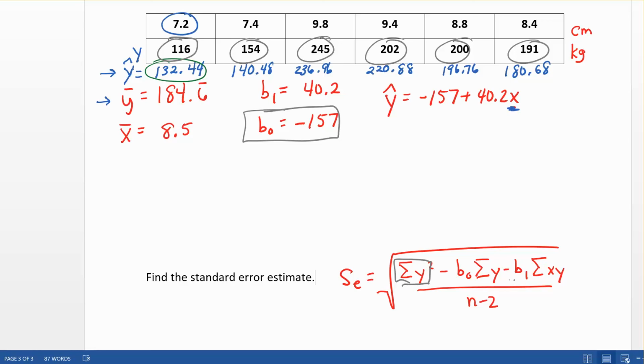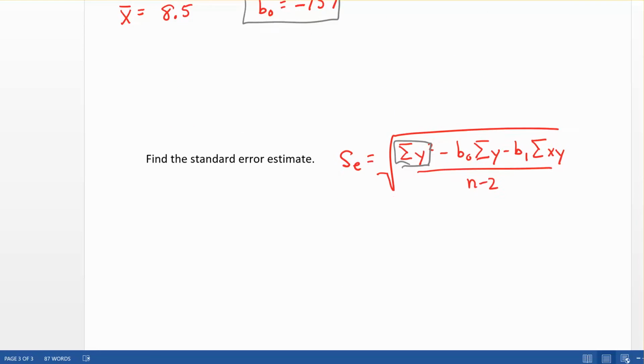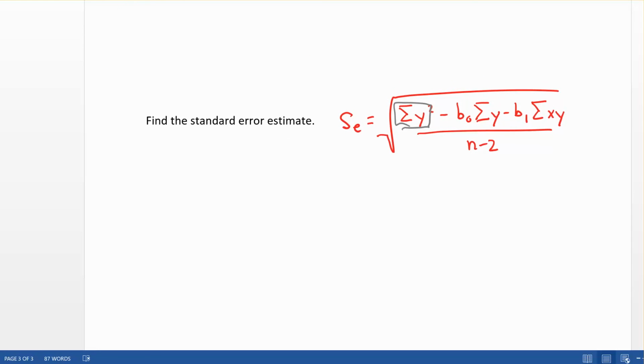And then we're going to subtract b sub 1, which is the slope of our regression line, times the product of the x, y. So we'll take x times y, 7.2 times 116, 7.4 times 154, and so on. We'll do that for all 6 points, and then we're going to sum those products. So it's a lot of arithmetic here, and I've already figured that ahead of time. So let's fill in those values.